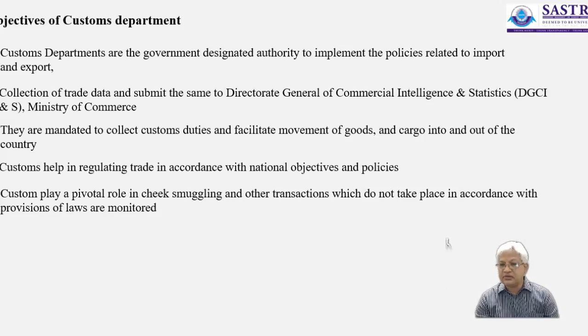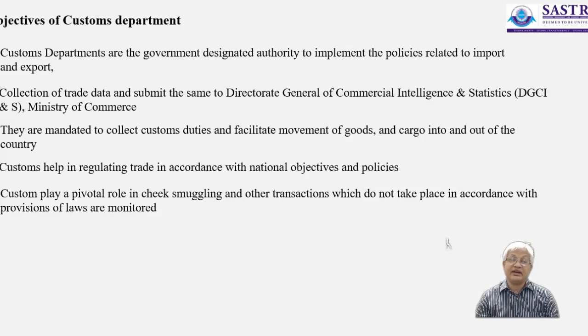In fact, in the previous session I have shown you the total export and import with America and UAE and Saudi Arabia, Iraq, etc. So this data comes from Ministry of Commerce. And who gets those data? The Directorate of Commercial Intelligence and Statistics, which is again provided by the customs personnel.